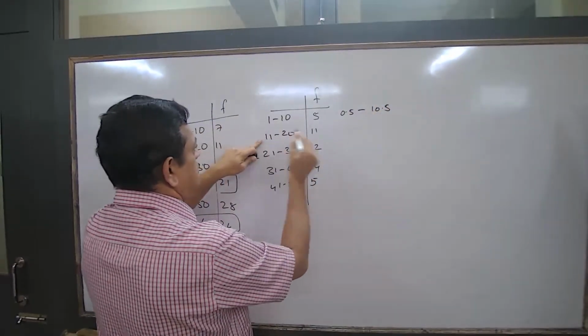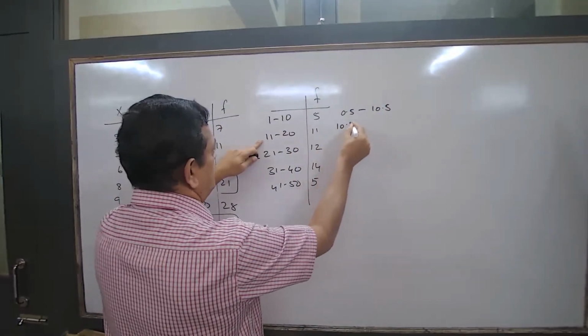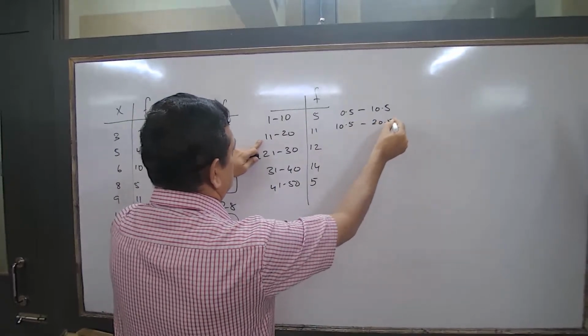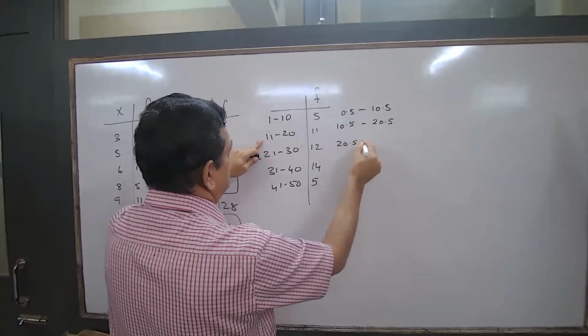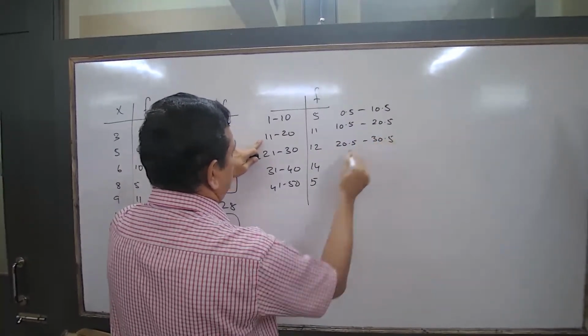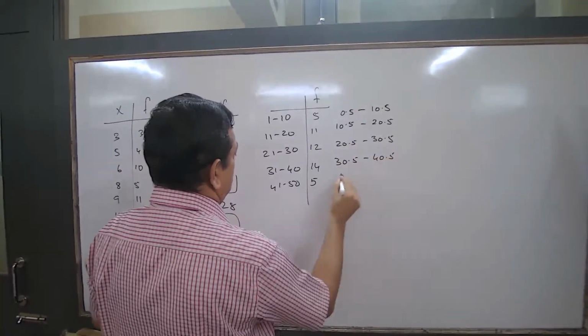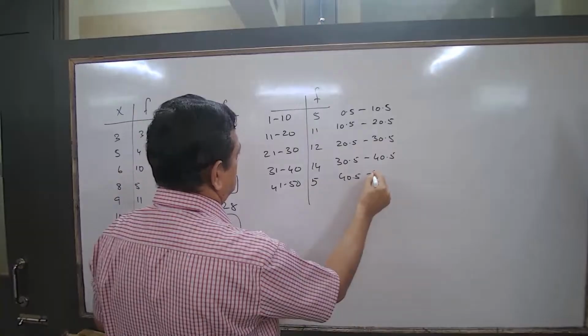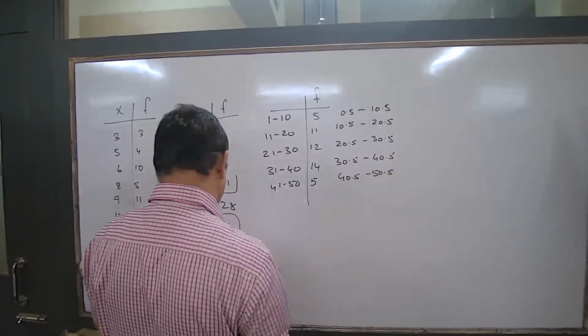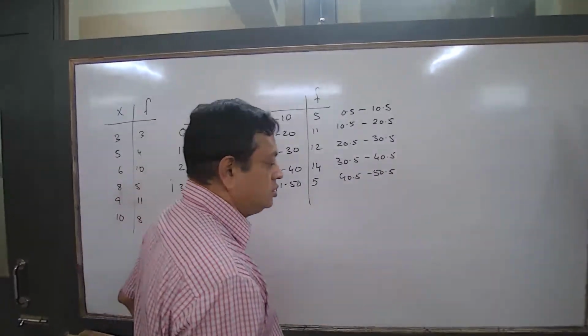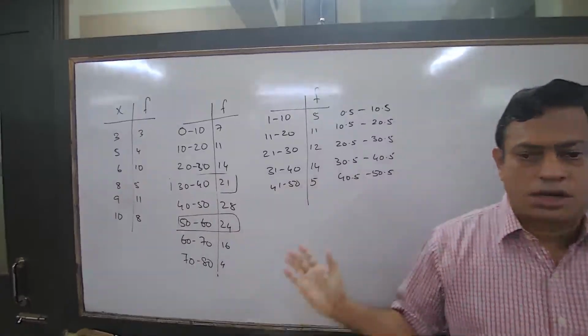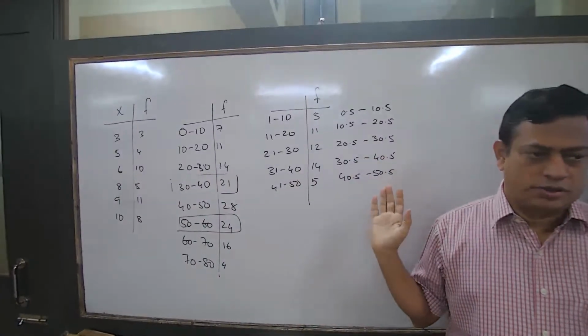Same process, 11 minus 0.5 is 10.5, till 20.5. 20.5 till 30.5. Are you following? 30.5 till 40.5. This is your continuous class interval. See, we made it a continuous class interval.